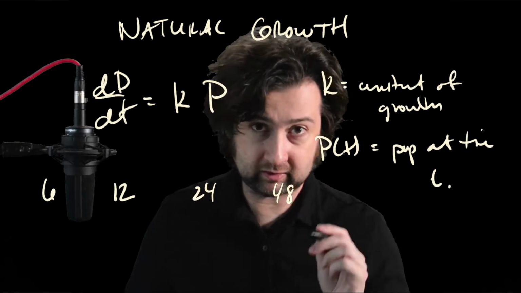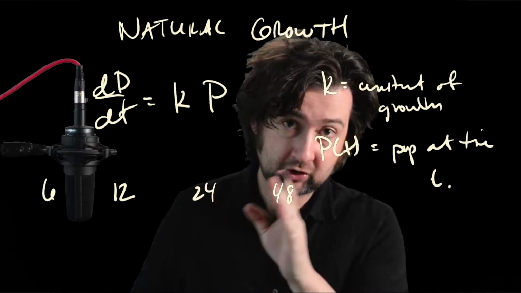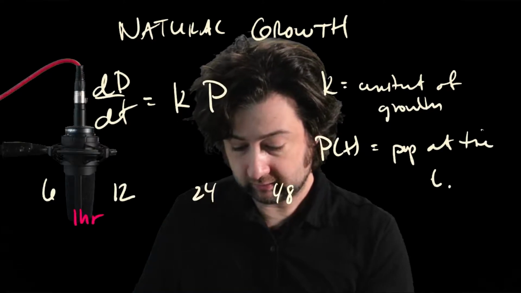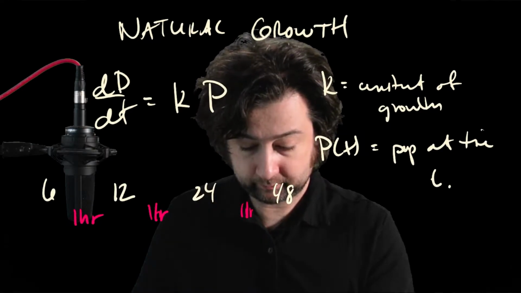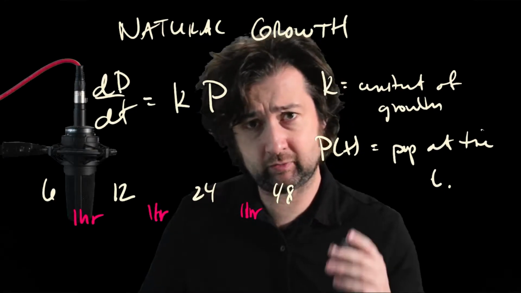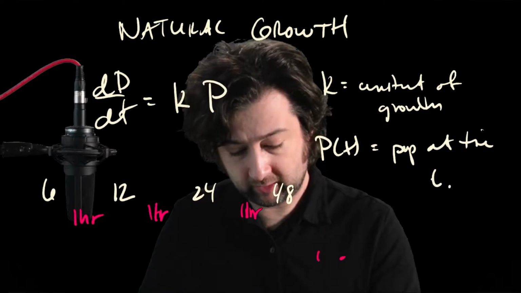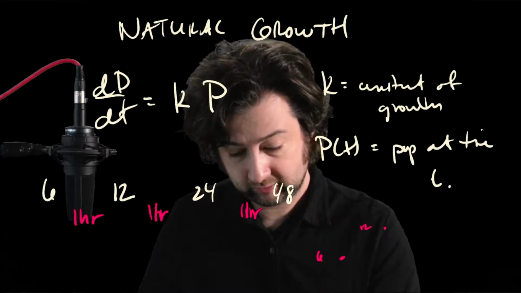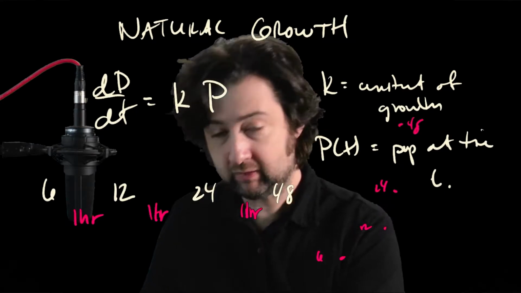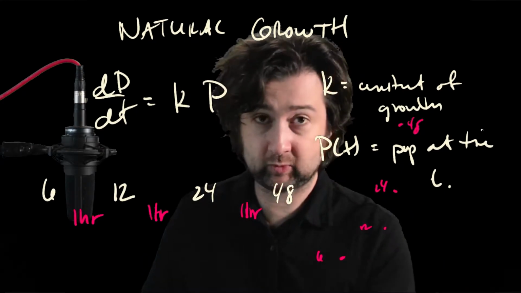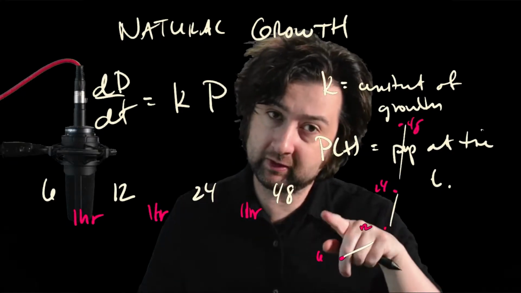The idea is, as long as you're consistent about the time between each fission, so say this is an hour, and this was an hour, and this was an hour, then essentially you've got a model where if you drew some dots to represent the population, 6, 12, 24, 48, you can see already that this looks like an exponential growth curve, because the slopes are approximately doubling as you go up the curve.